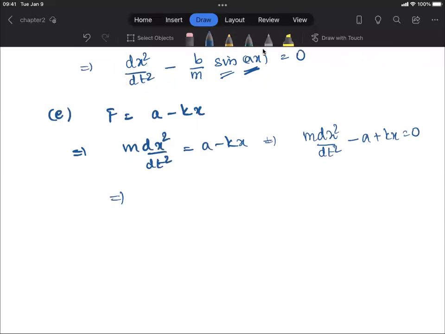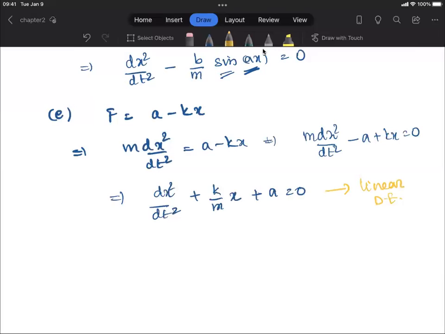I'm going to divide everything by N, and this is equal to 0. Now, this is a linear differential equation because we have x and its derivative raised to the power 1.